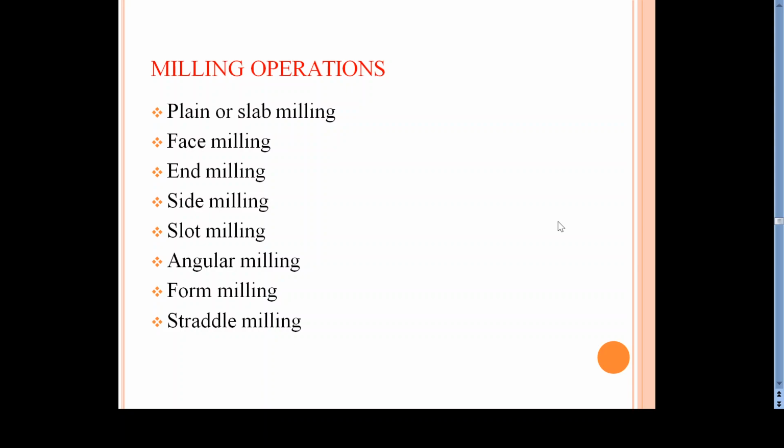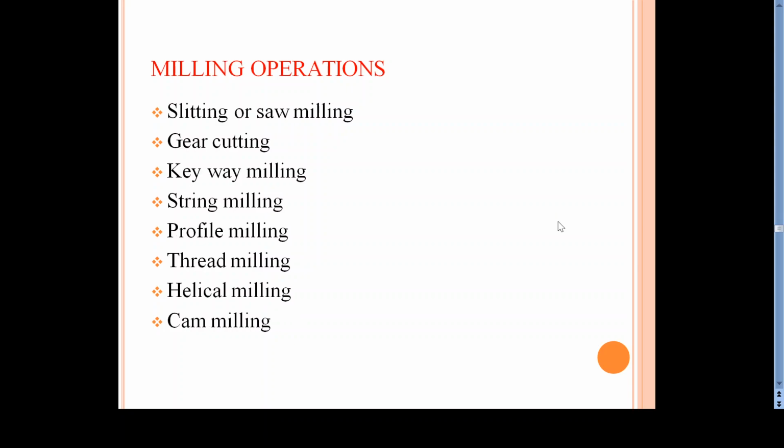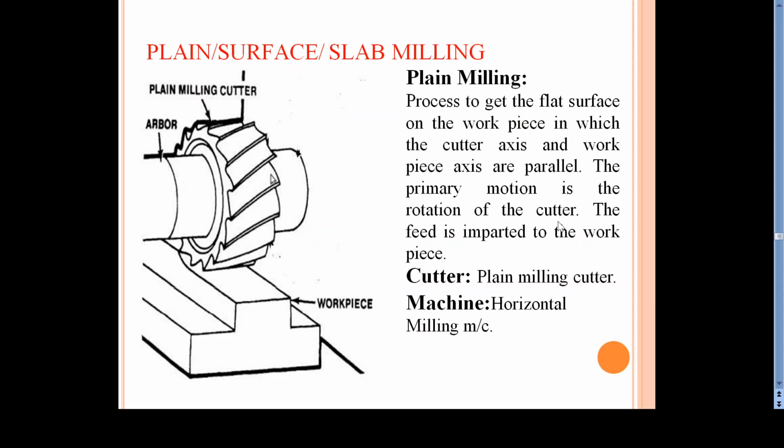So the profile of the cutter is different. That is the major difference. Some more machining operations are slitting or saw milling, gear cutting, keyway milling, string milling, profile milling, thread milling, helical milling, and cam milling. We'll see these one by one.